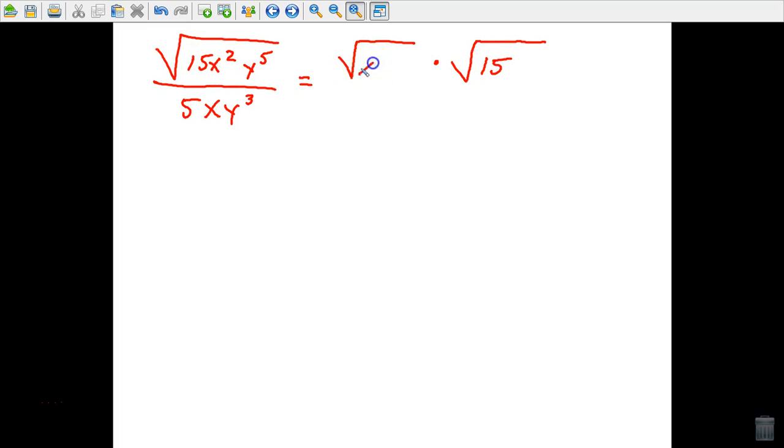X squared can be simplified because 2 does divide into 2. Y to the 5th itself isn't a perfect square variable, but if I write it like this, I can at least think of it as y to the 4th, which is a perfect square. 2 does divide into 4, and then I'll put y over here to make it equal.